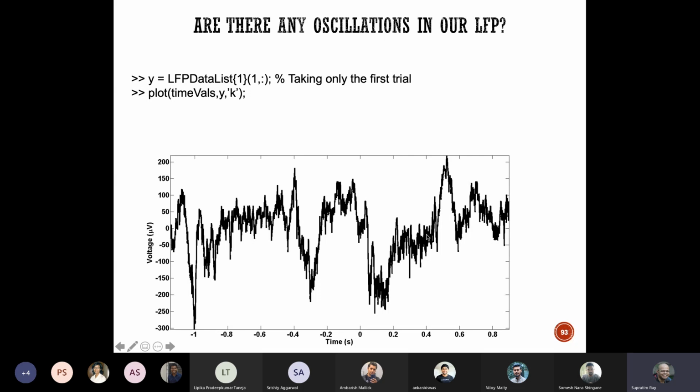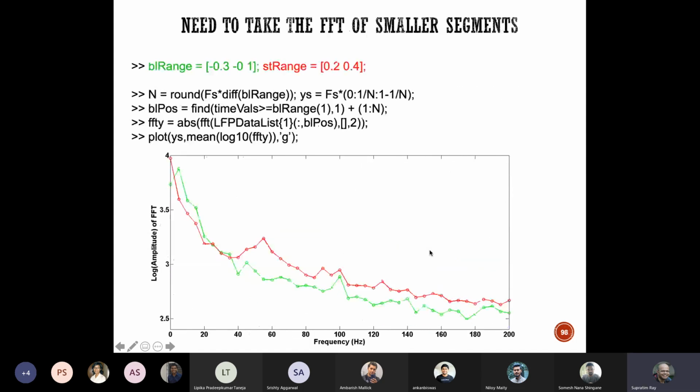So if I want to know what's happening only between, let's say, 200 to 400 milliseconds, I need to compute the FFT over only that segment, which is what I have done here, which is shown in red for only 200 to 400 milliseconds.